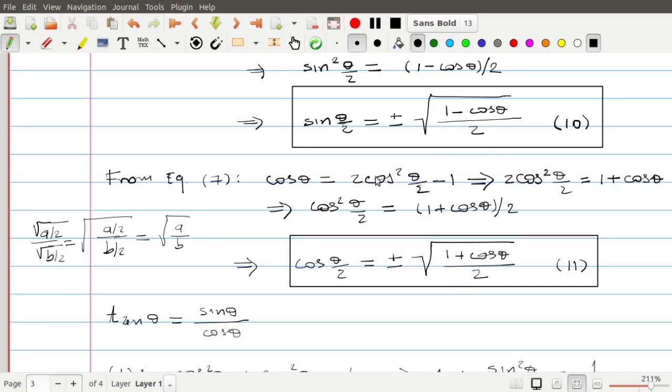So if I write that directly, I write the ratio as plus or minus the square root of 1 minus cosine theta by 1 plus cosine theta.